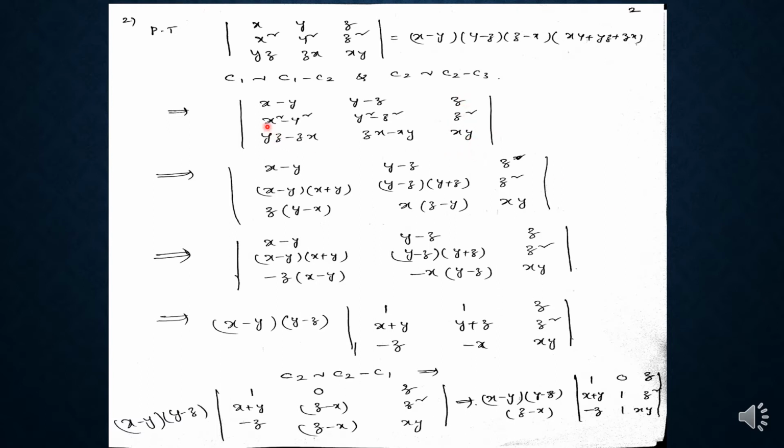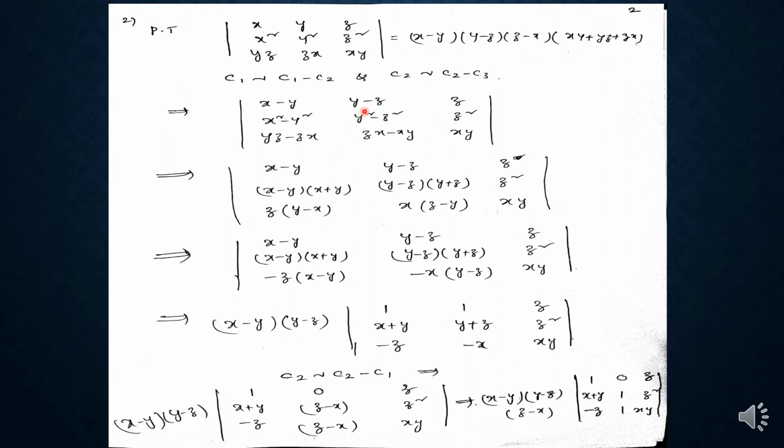So here we can write this as the first column x − y, where x² − y² can be written as (x − y)(x + y). Here, by taking z as common, z(y − x), or we can write it as −z(x − y), so that we can take x − y as common from the first column.